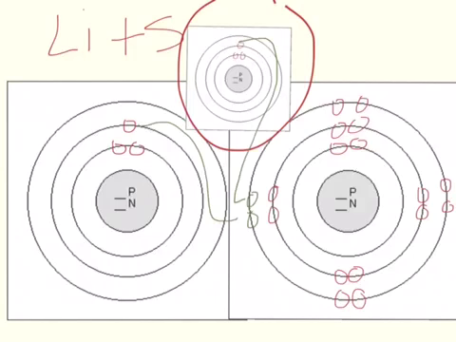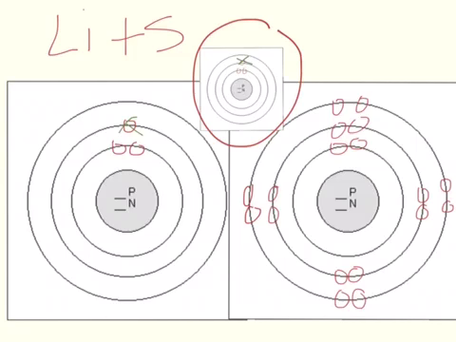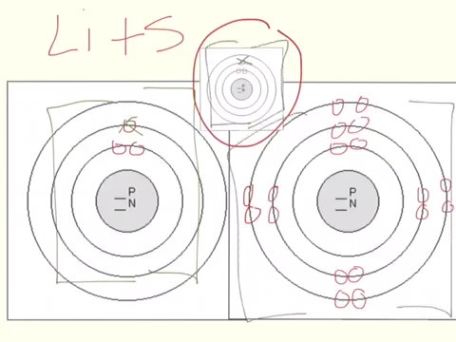So draw all 3 atoms with their new valence shell, and then get ready to write their charges. Okay, so now we've got our atoms with their new valence shell. We're going to put them in their brackets, and then we'll write their charges. Now this is a -2 because it gained 2, this is a +1, and this is a +1 because it lost 1.